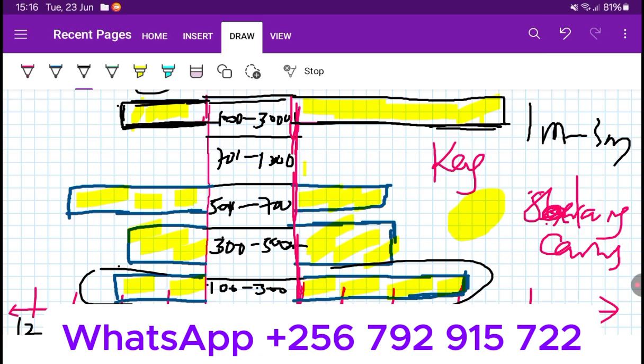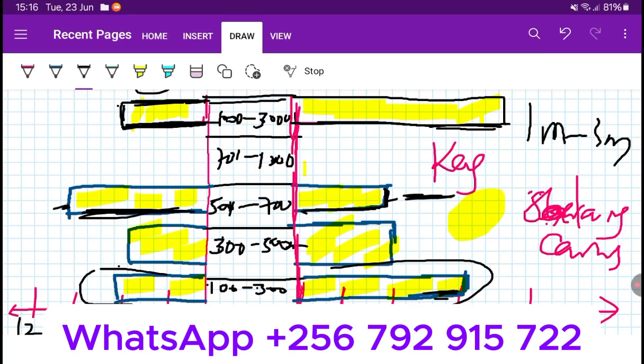Or someone can say that at least majority of the people earn above 500, because we can see that if you look at this graph here, this one, here, and this one, this graph here is higher than this.